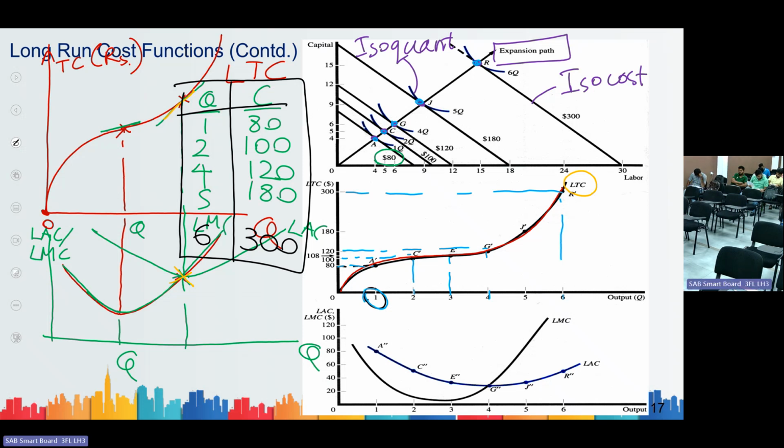If you take the cost and output details provided by this expansion path into a table like this, you can easily derive the total cost curve.